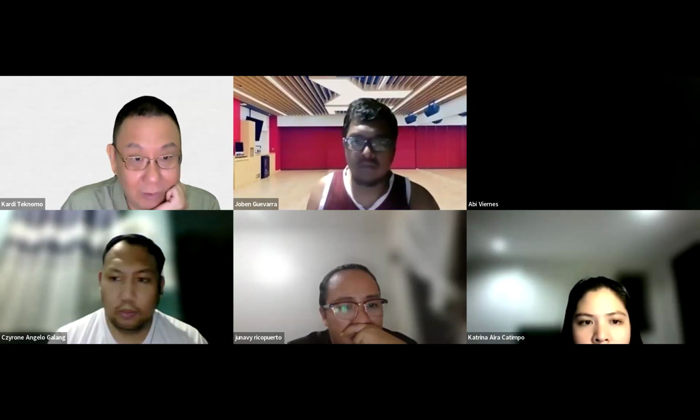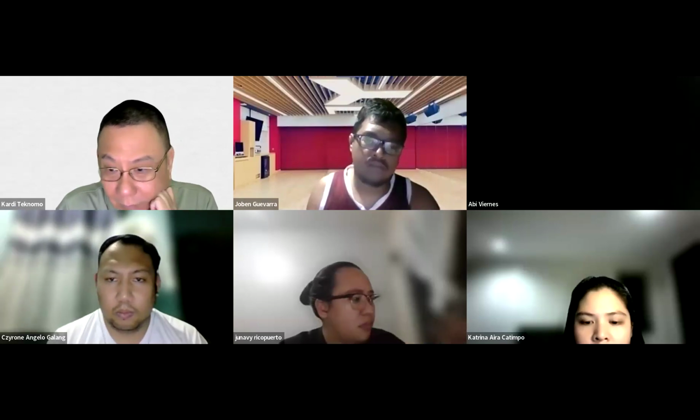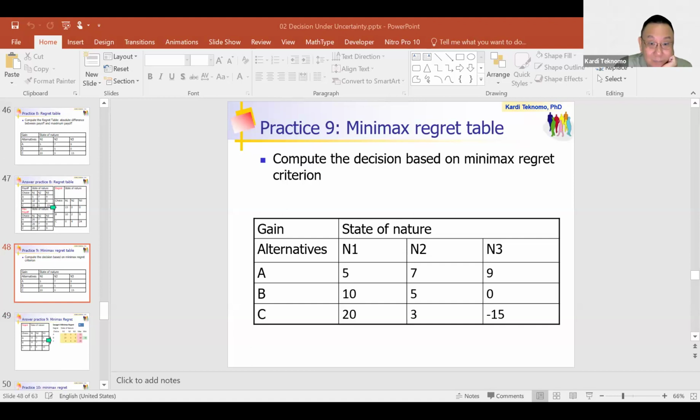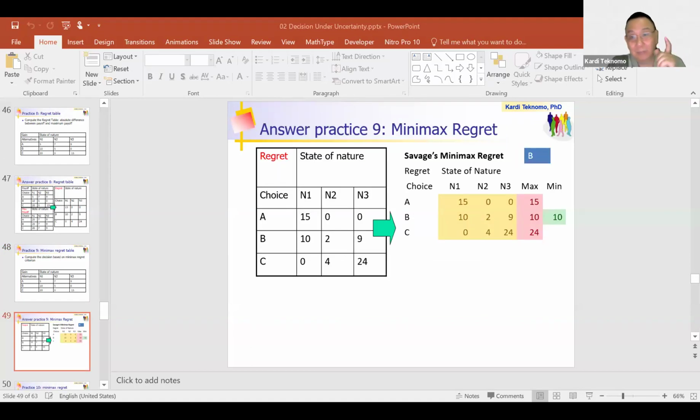In minimax regret last time, the decision was, I remember this slide, alternative B. So now when you put probability there, what is the decision of minimum EOL?